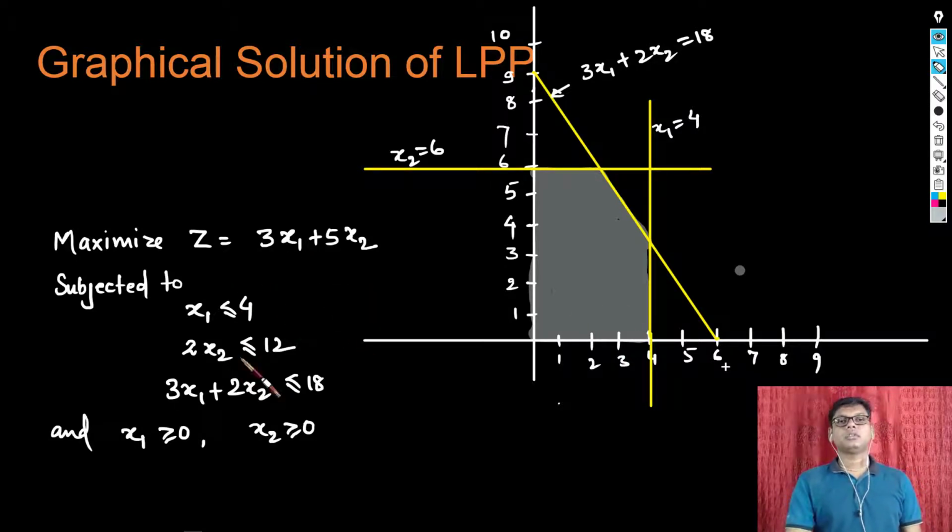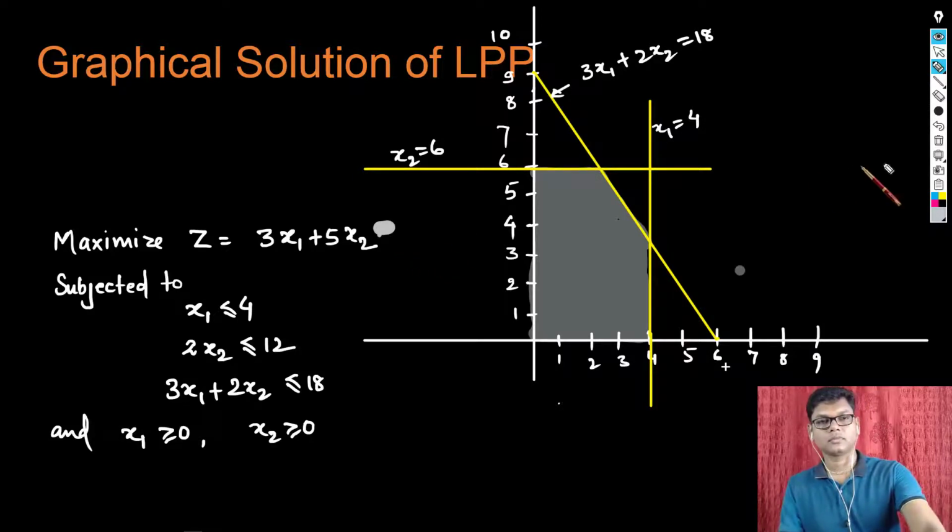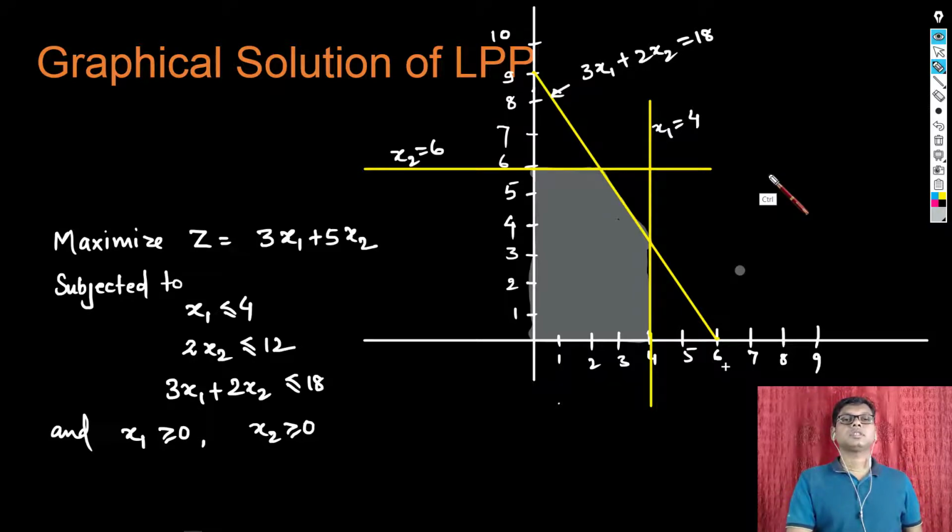How do we solve graphically? We give an arbitrary value to z. Let's suppose we take 15, so 5 times 3 is 15. Then if x1 is 0, x2 will be 3, so this is the point. If x2 is 0, then x1 will be 5, so this is 5.